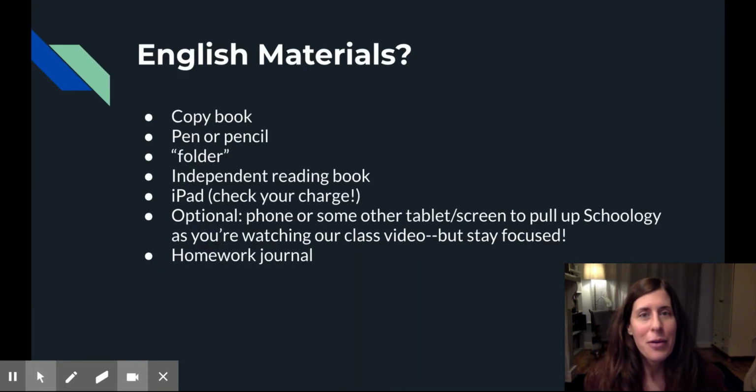So the first thing, we're going to try and make this as close to class as possible. So if you don't have these things that are listed, make sure that you pause and go get them. You need all your English materials, your copybook, a pen or pencil or marker, a folder. So if you don't have a physical folder, you might just want someplace online, like on a Google Drive or a desktop folder.